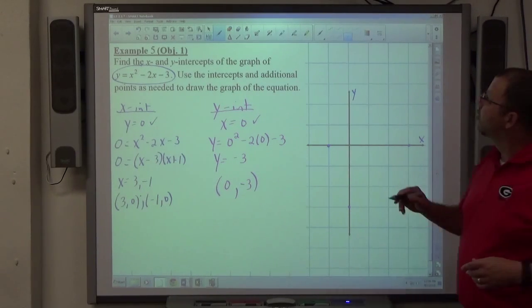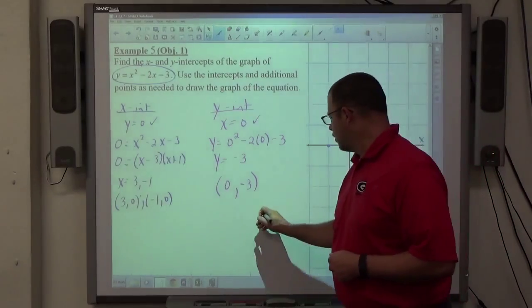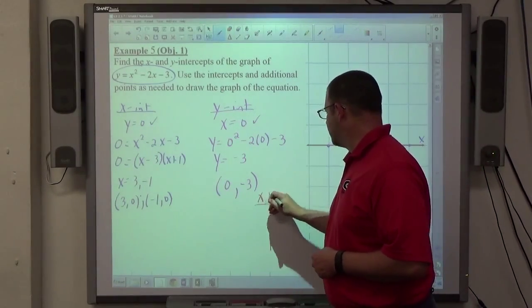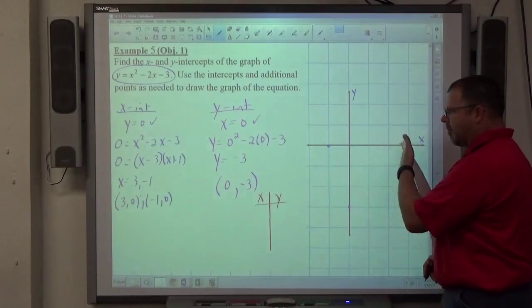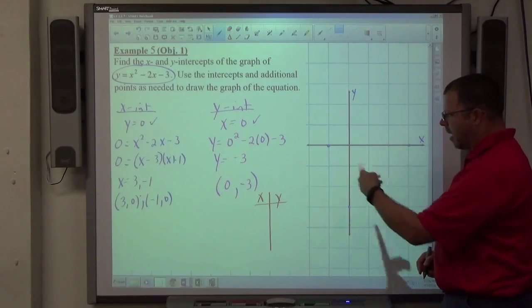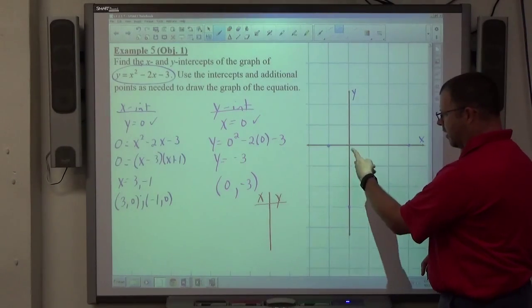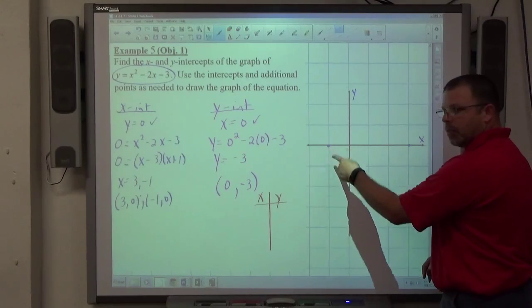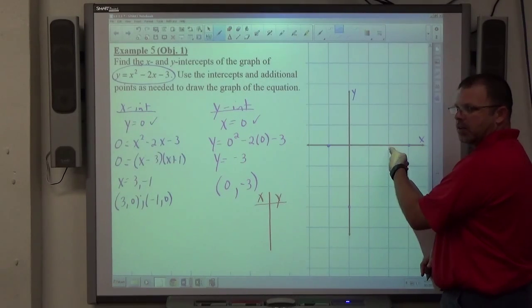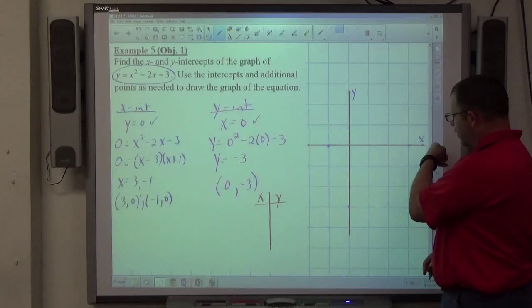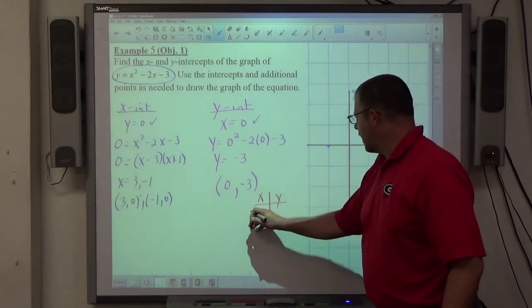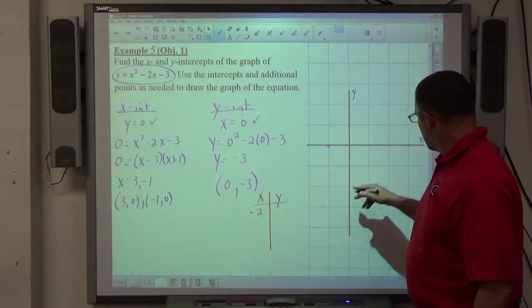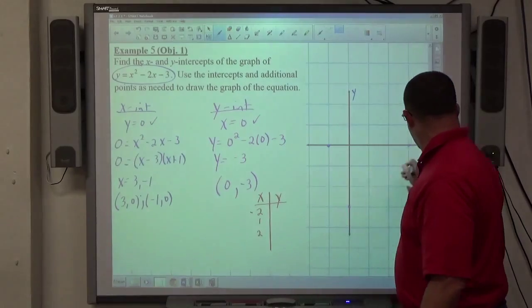So to finish it out, I would go to an XY chart, picking some extra values. Everything here came out as integers. Negative 2 hasn't been evaluated yet. Negative 1 and 0 already have; we got points there. 1 and 2 haven't, and 4 hasn't; 4 will be over here all the way. So maybe I'm going to pick negative 2, 1, 2, and 4.